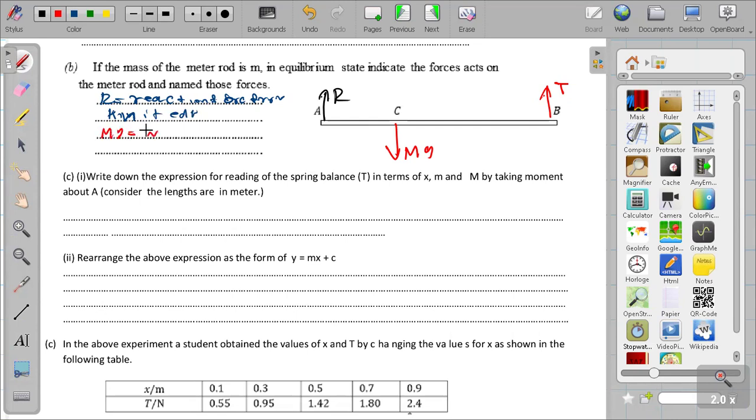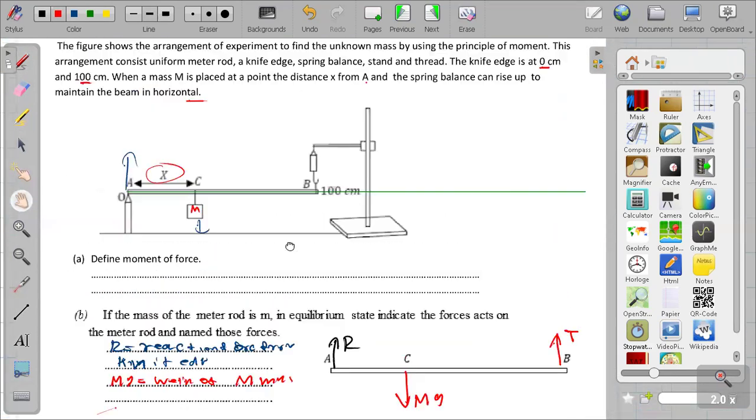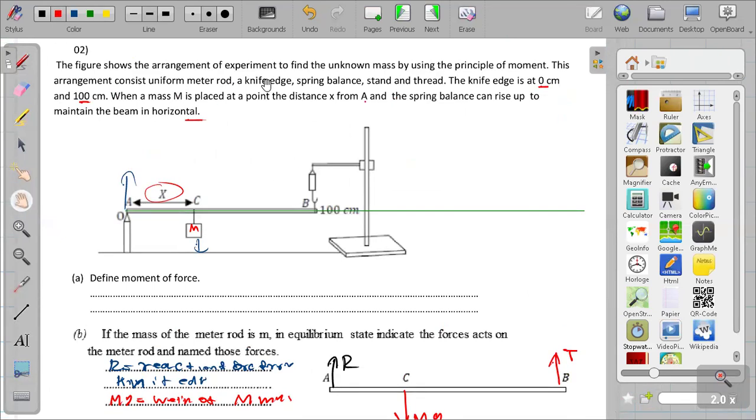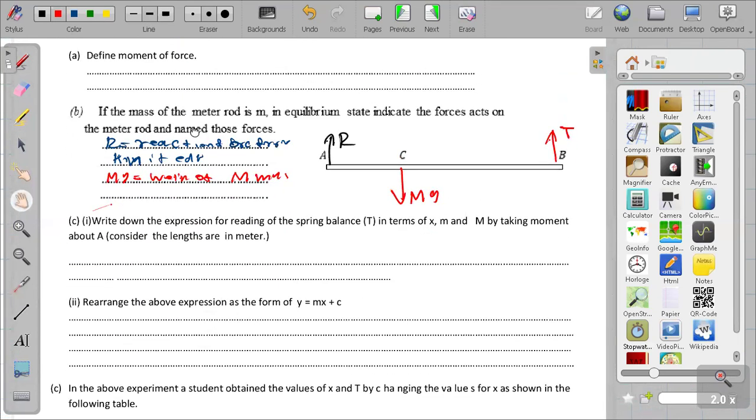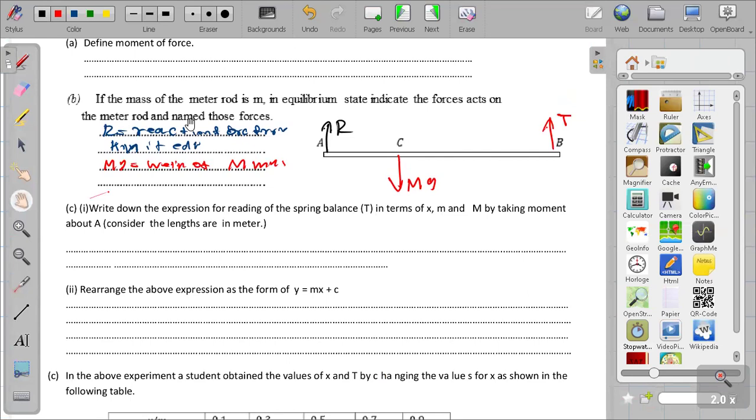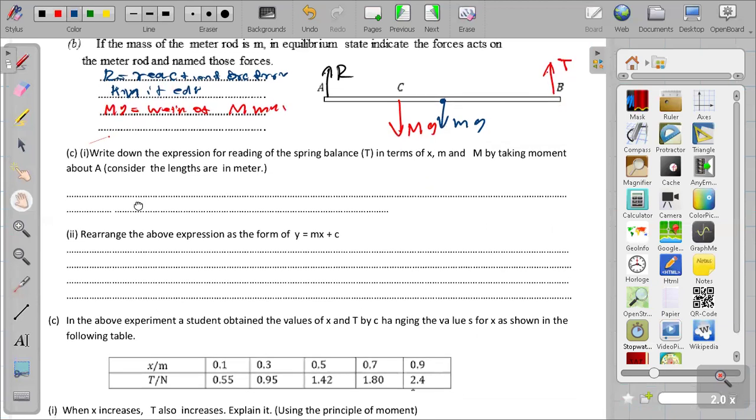Mg is the weight of capital M mass. If the mass of the rod is simple m, you have to consider the uniform rod's own mass, that is mg downward. Yeah, simple mg downward.